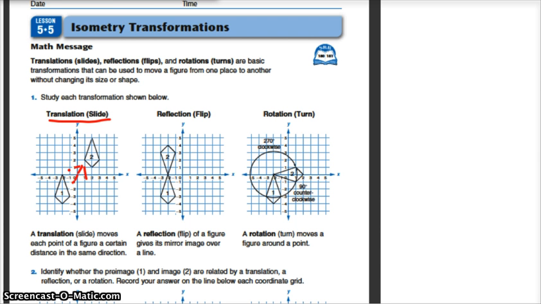The other kind of transformation is a reflection, and we flip it, and they'll say reflect the figure over the x-axis. So that is exactly what's happening here. We're reflecting it across the x-axis, and just like if you're going to put a mirror there, you're trying to move it.